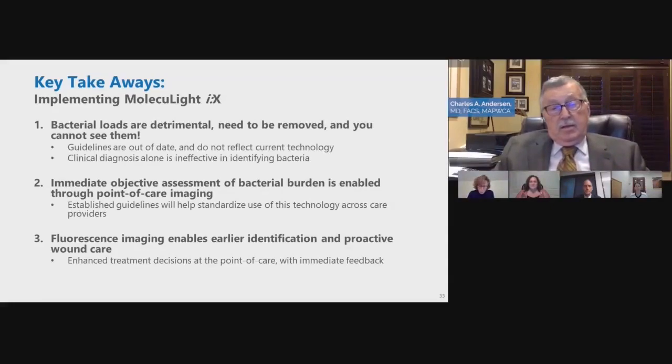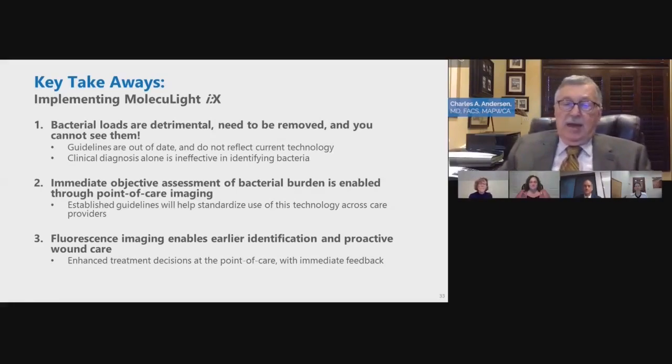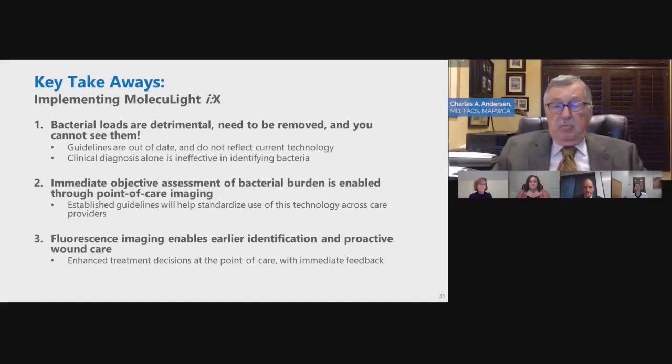And the ability now in wound care to identify bacteria before you can see the changes from a clinical perspective allows us then to be very proactive in the type of treatment that will address that bacterial burden early before it progresses to a more serious infection. I think a key point is proactive versus reactive.